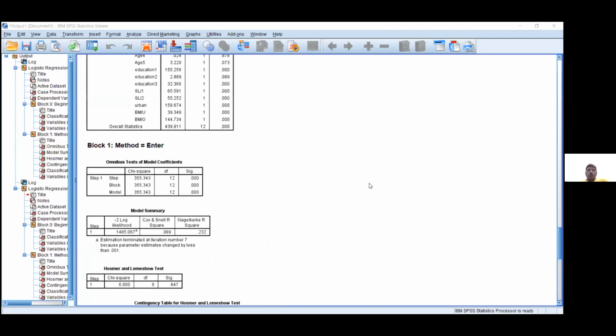So once you are able to understand logistic regression, you can interpret the findings of multinomial logistic regression. Okay. So if you want to ask any question, you can ask. I would like to answer.